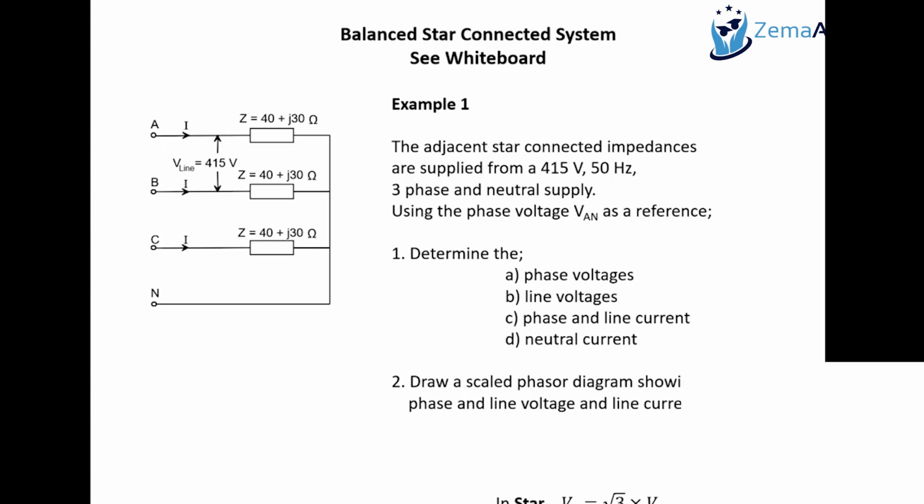Now part C might seem easier because in order to calculate the current flow through the impedance Z, we need to have the impedance and the voltage in order for us to use Ohm's law.